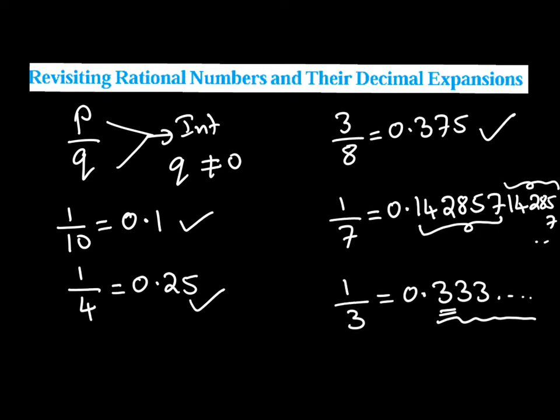So the decimal expansion of a rational number will either be a terminating decimal or a non-terminating repeating decimal. But how do we determine whether a rational number's decimal expansion is terminating or not? Let us dig deeper.